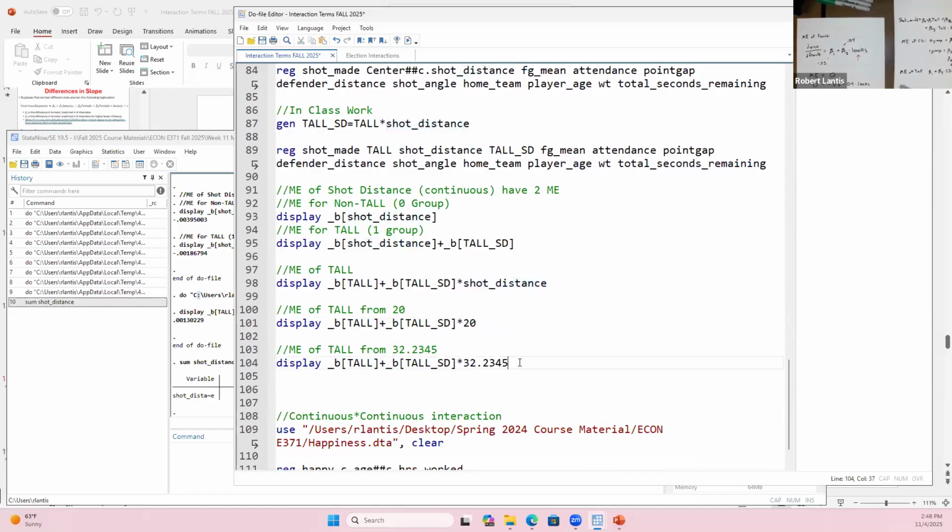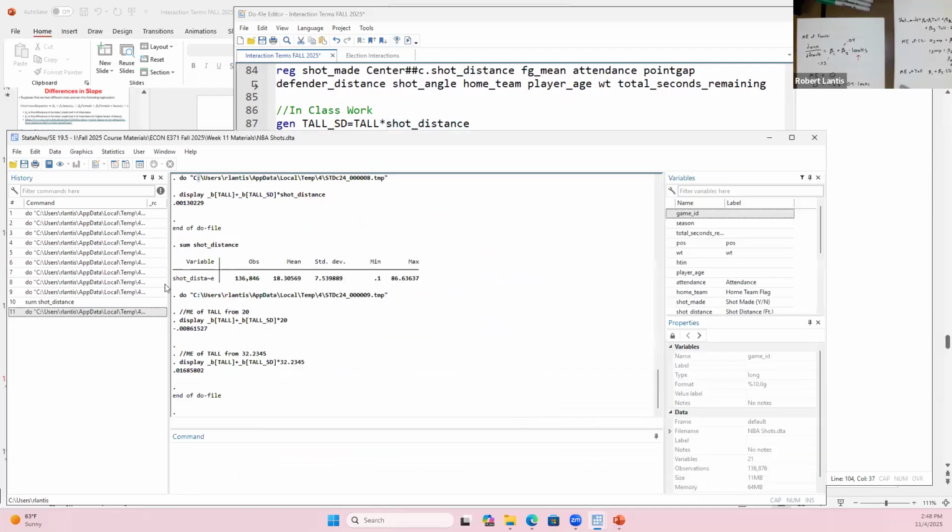Now when I run this code, I can find the marginal effect of being tall for any shot distance. Now notice here, I luckily chose two values where the marginal effect of being tall on whether or not I make the shot, that's our Y variable, here it was negative, here it's positive. So what must exist?